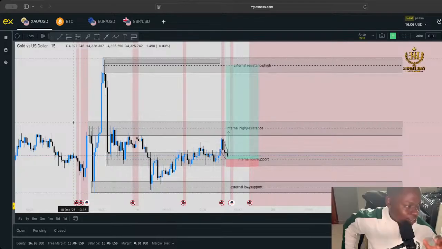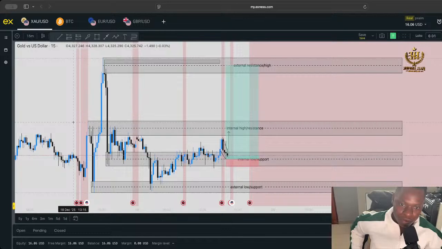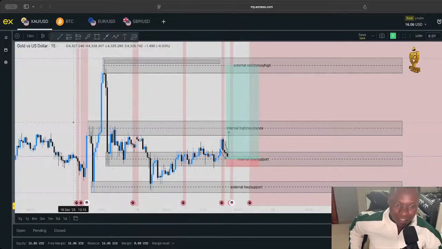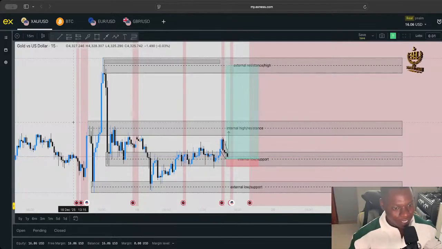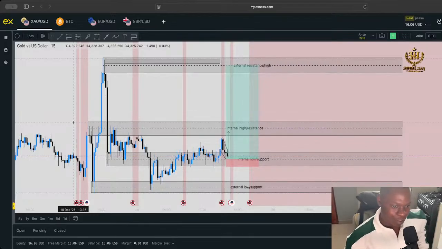Yeah, the best thing is to have patience. When you're trading, you just need to have patience. You don't need to chase price, but you let price decide what it wants to do.